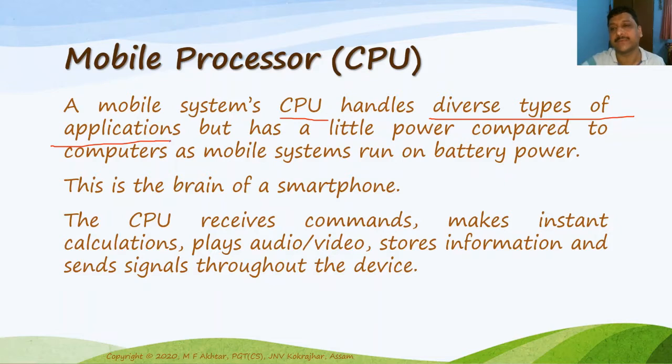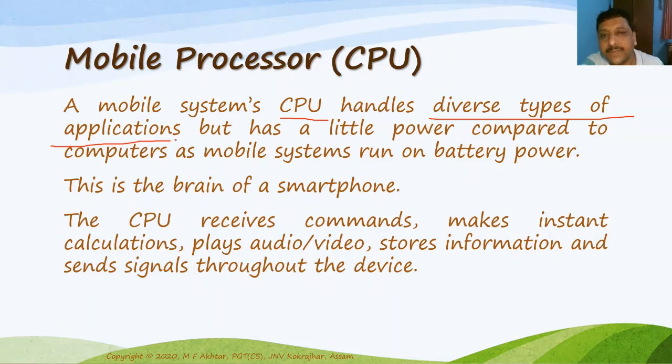So many types of applications we can run on mobile, but there is less power compared to computers. Computers have more power, more processing speed, more storage capacity. On the other hand, a mobile system has limited facilities, limited storage capacity, limited processing capability, and also runs on small battery power.